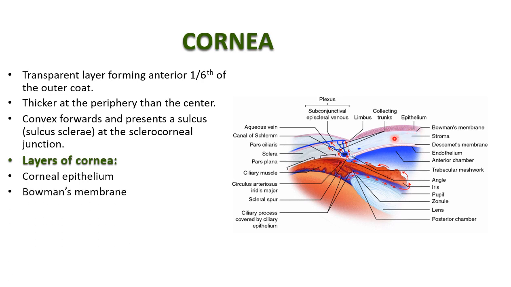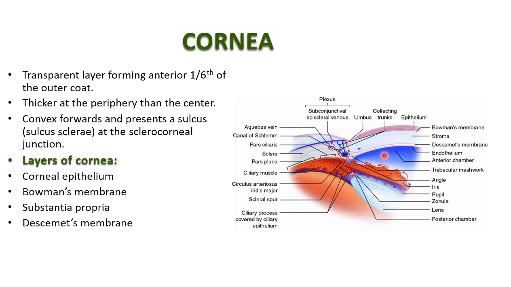Then you have the corneal stroma or the substantia propria, mainly made up of collagen fibers which are uniformly arranged. Then you have the posterior limiting membrane, also called Descemet's membrane, and deep to it you have the endothelium.